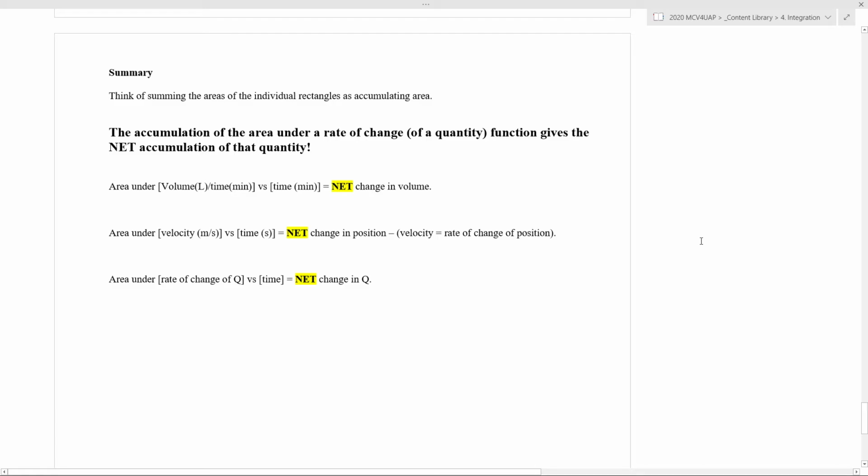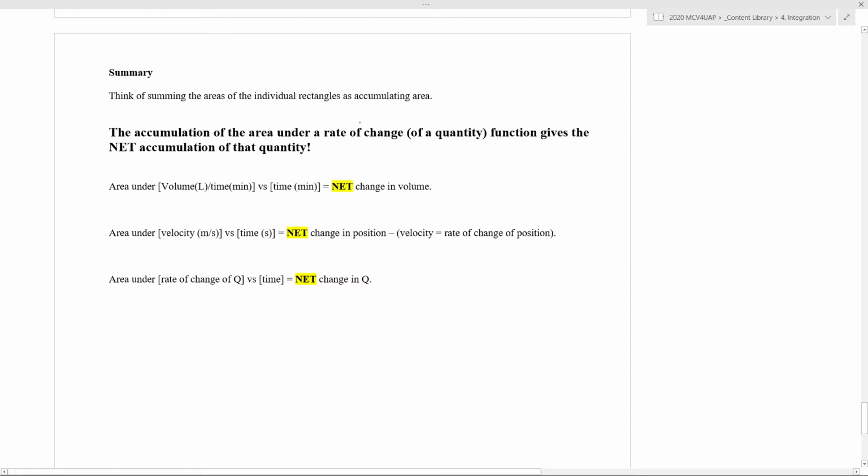The accumulation of the area under a rate of change, and you can think of that as a derivative. The accumulation of that area of a rate of change of some quantity would give you the net accumulation of that quantity. And that's exactly what the last example was demonstrating.